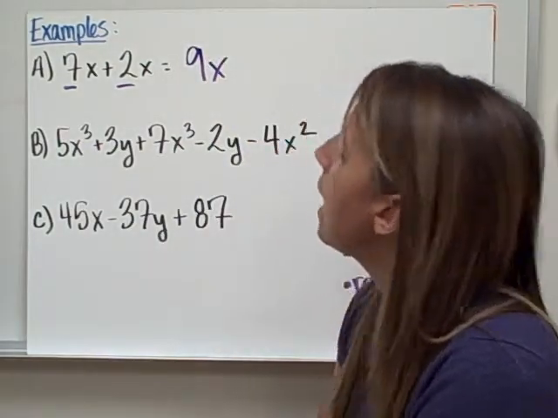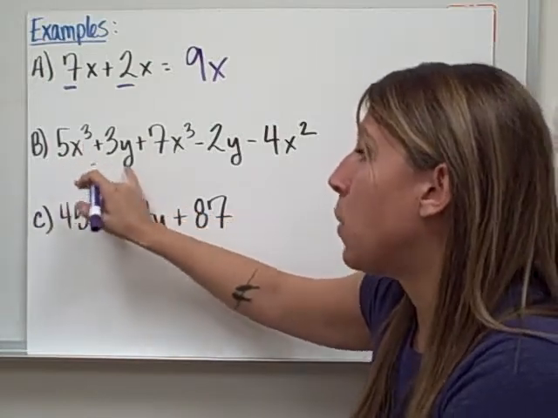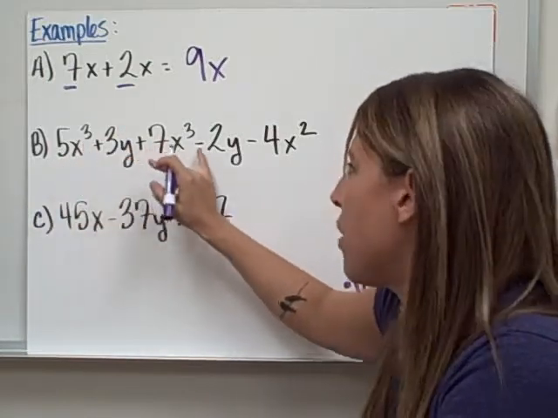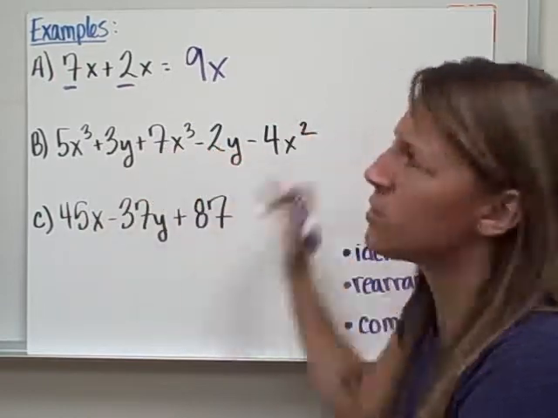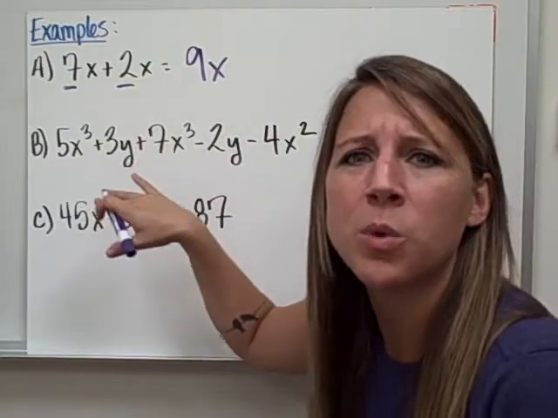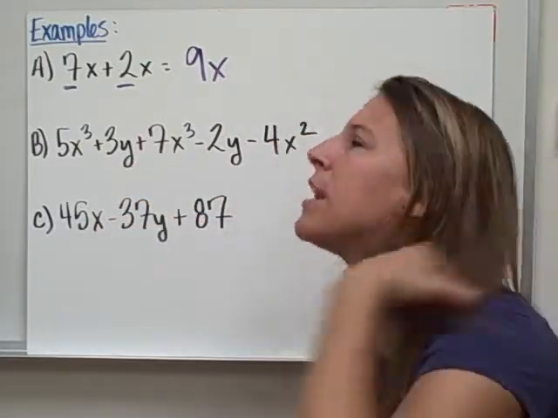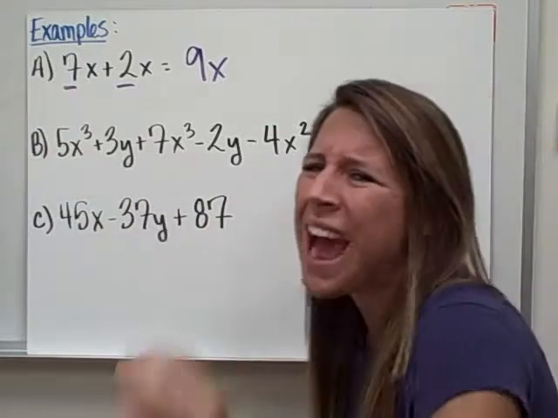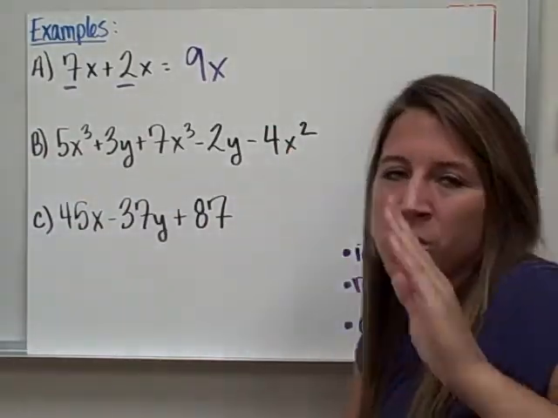Okay. How about B? I have 5x to the third power plus 3y plus 7x to the third power minus 2y minus 4x squared. We've kind of upped the ante really quickly here, haven't we? But it's okay. The first thing I want you to do when you get a long string like this and you're asked to combine like terms is first identify your like terms.